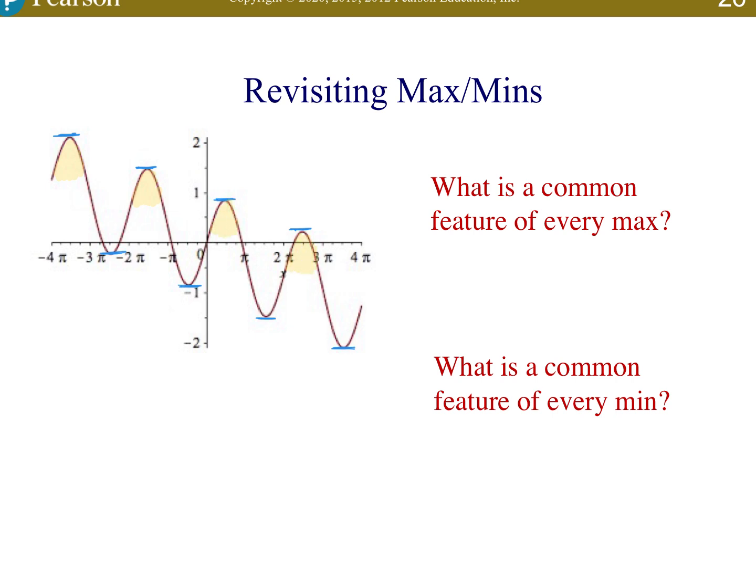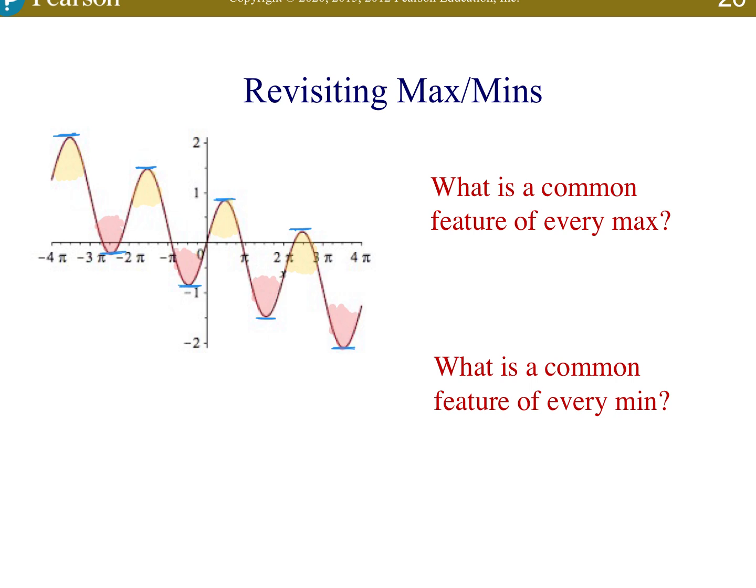Not only do they have a horizontal tangent, but they sit on top of a negative concavity. On the flip side, all of the minimums sit at the bottom of a section that has positive concavity. So positive concavity is indicative of a minimum being below it.